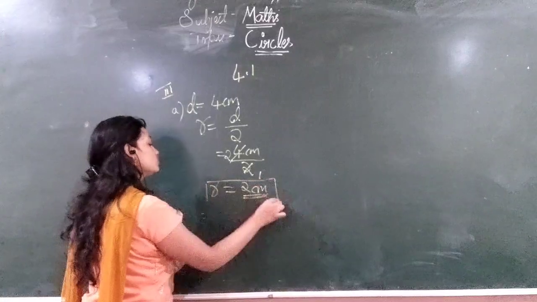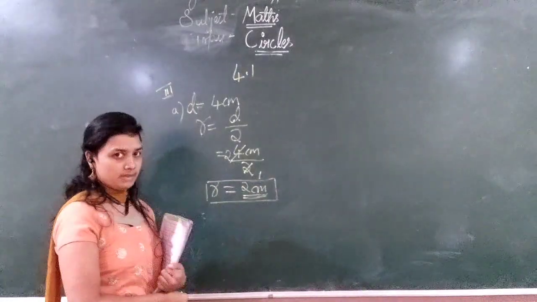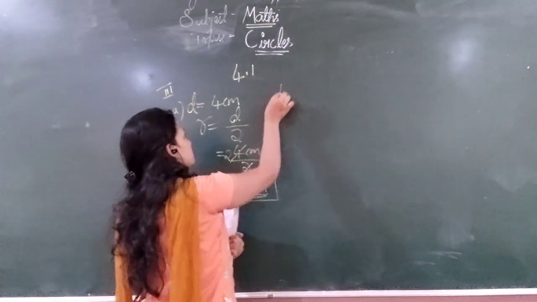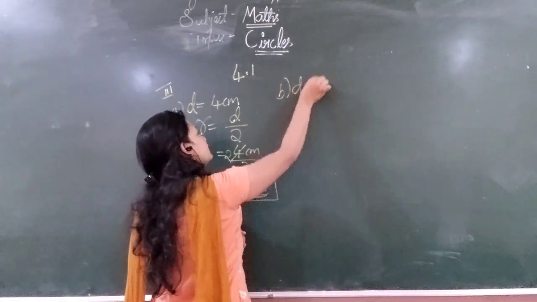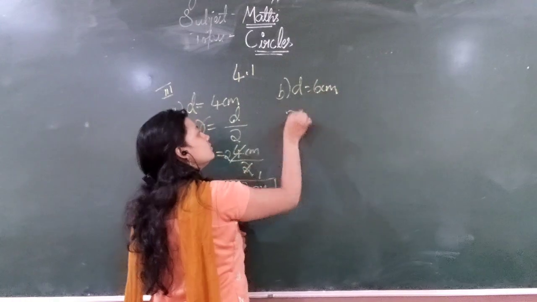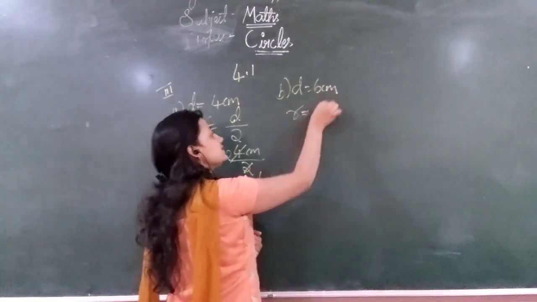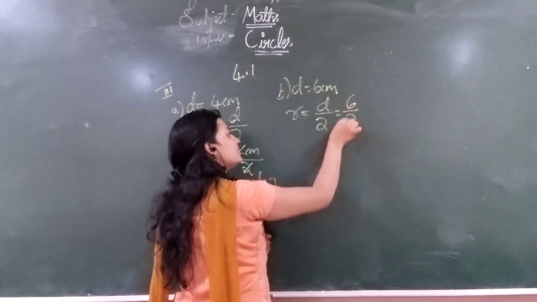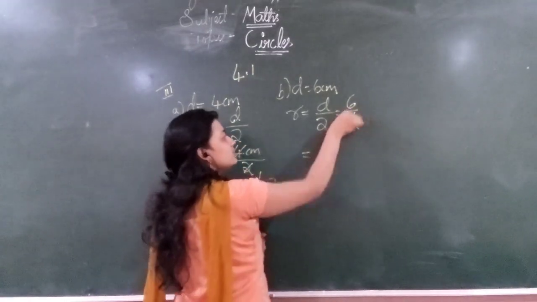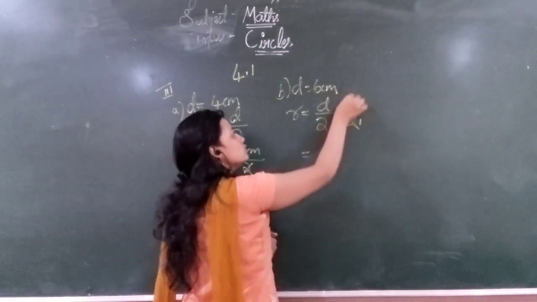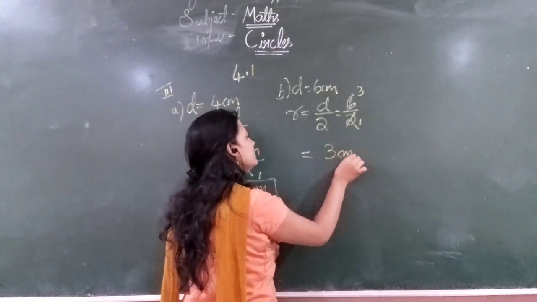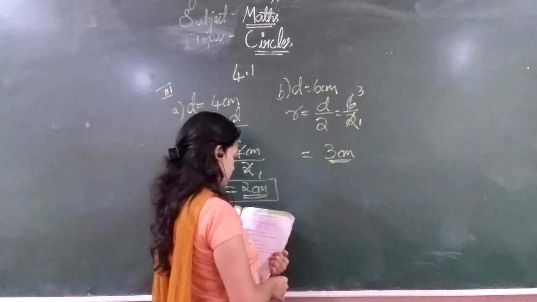Radius is 2 centimeter. Let's go for the second one. Diameter is 6 centimeter, so the radius will be 6 divided by 2. 2 threes are 6. Answer is 3 centimeter.